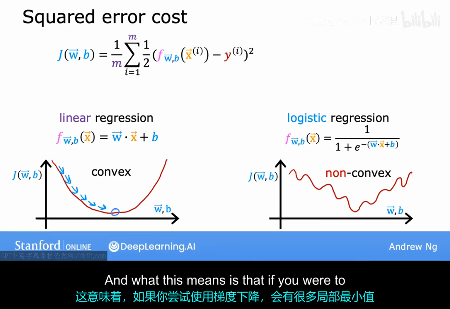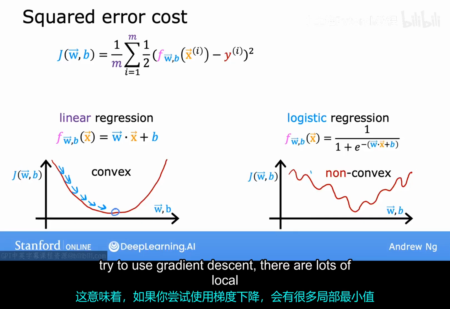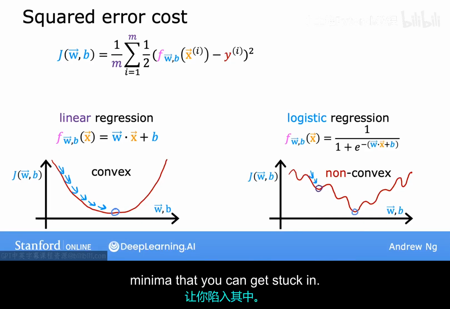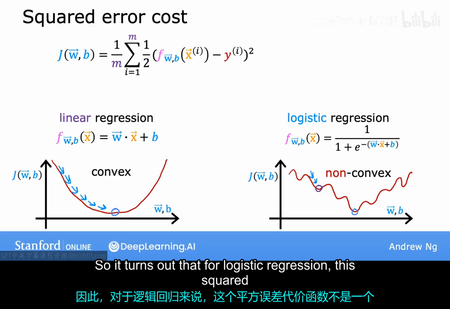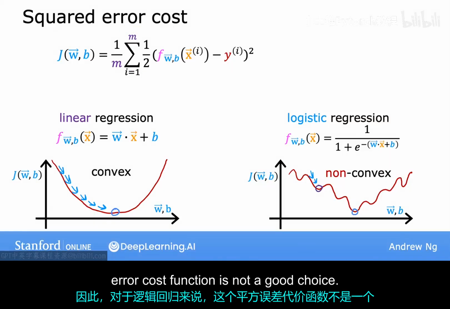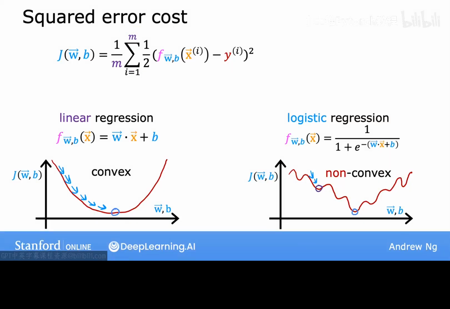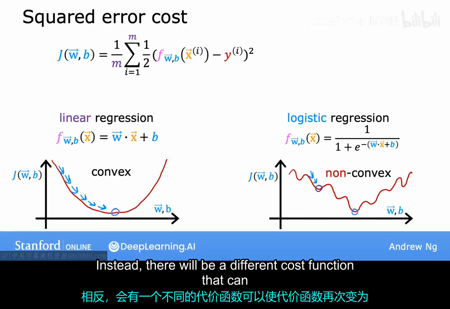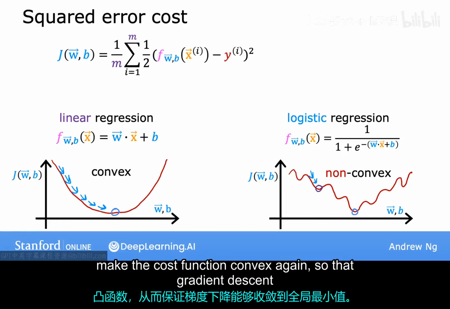And what this means is that if you were to try to use gradient descent, there are lots of local minima that you can get stuck in. So it turns out that for logistic regression, this squared error cost function is not a good choice. Instead, there will be a different cost function that can make the cost function convex again, so that gradient descent can be guaranteed to converge to the global minimum.